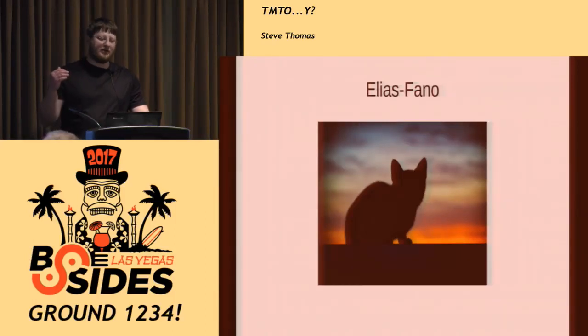Elias Fano is used to represent a sorted list of numbers. What I'm doing is, the pointers to each bucket, those are the sorted list of numbers. So I'm just representing those in Elias Fano, which is just an encoding. It's more efficient than doing an integer prefix index.